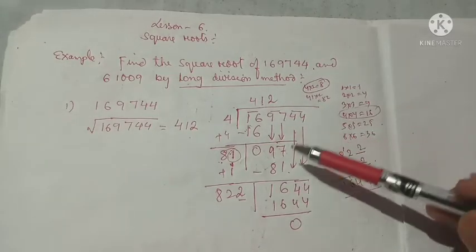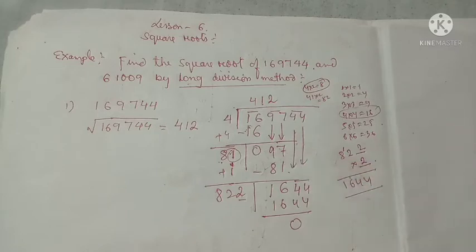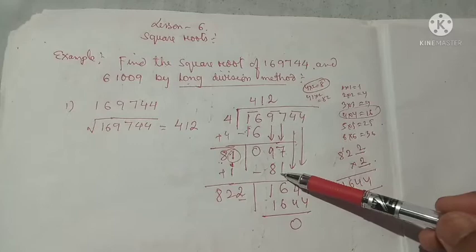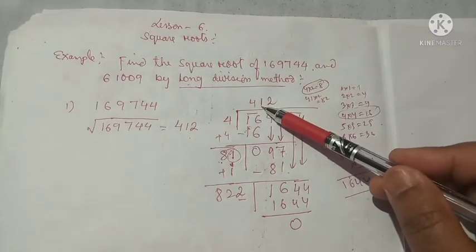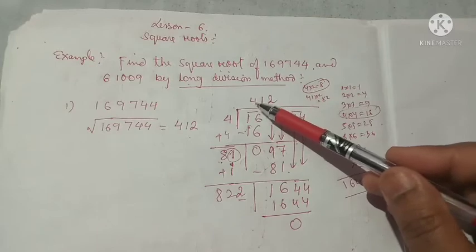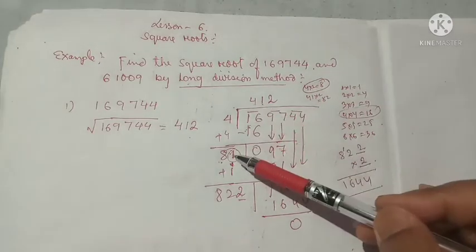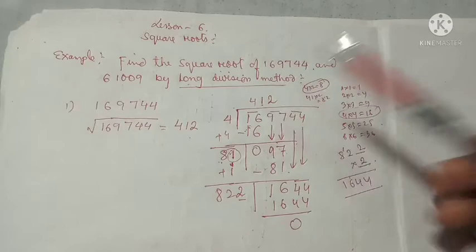So subtract 81 from 97. You will get 16 as the remainder. Now the quotient becomes 41. Now the divisor is 81, so the 1 is here, and we put 1 at the quotient place also. Now it comes 41.